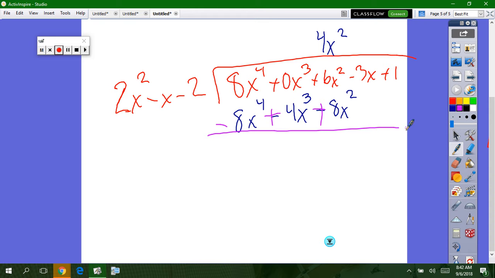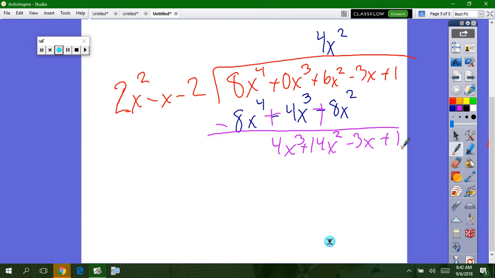Okay, what do we get? Gone. 4x cubed. 14x squared. Minus 3x, and I'm going to carry my 1 so I don't lose him. All right, we're on it.